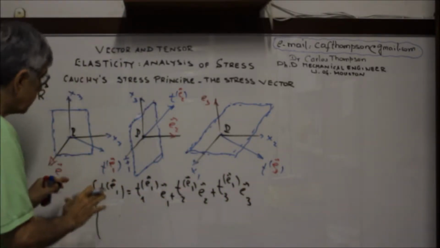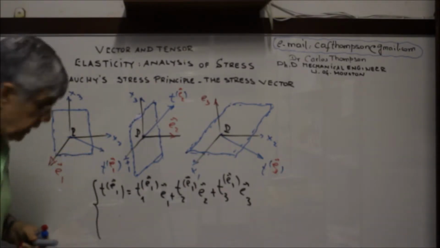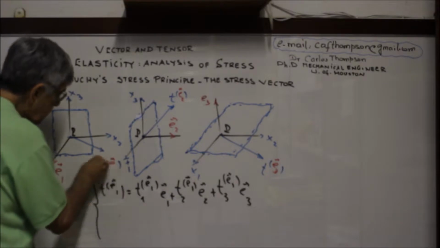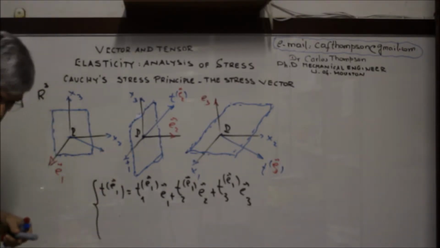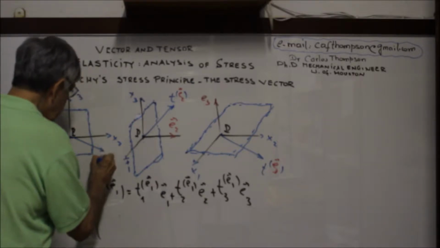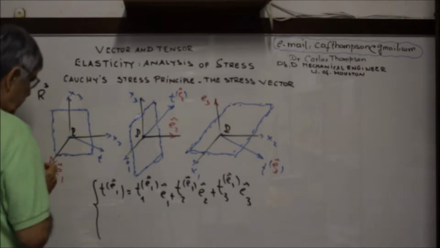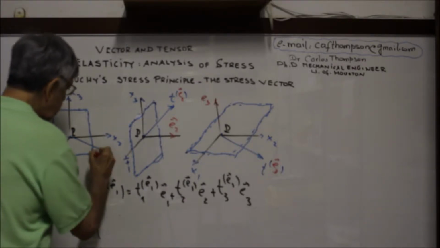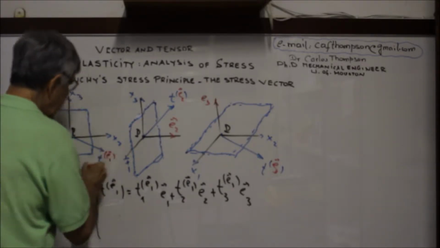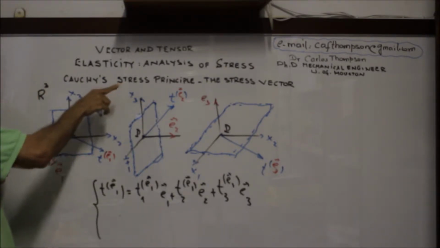Don't be confused, because look only at this stress here. This is T of E1. This vector is in space.